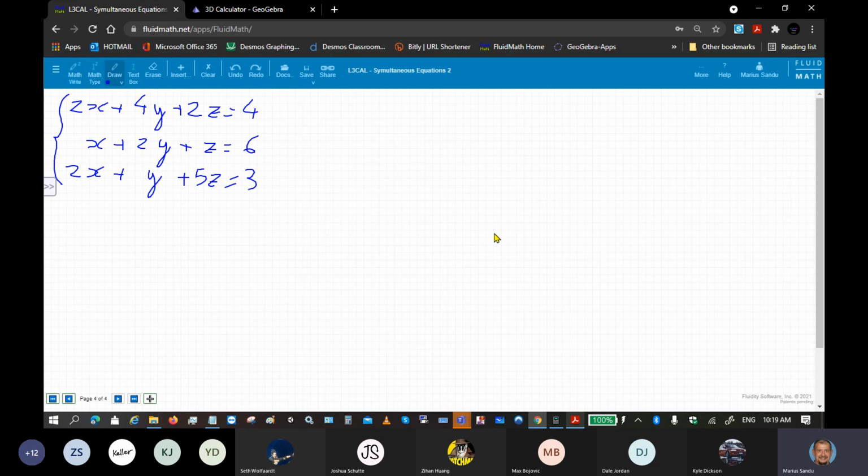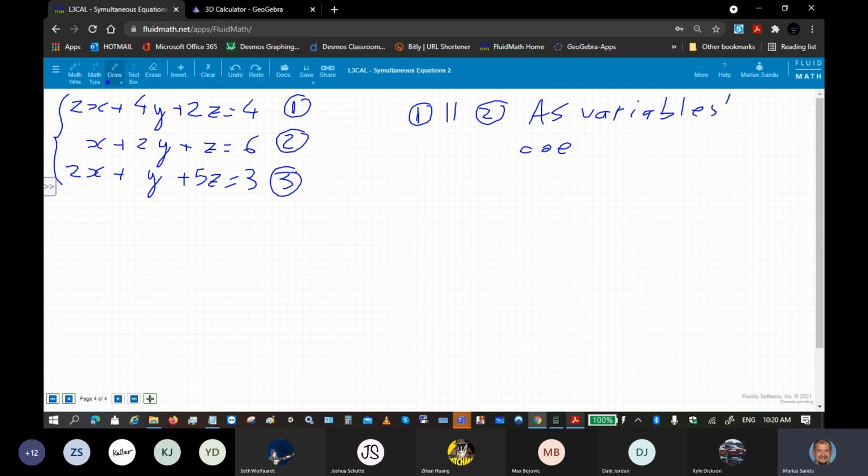Now, if I look at equation 1, equation 2, and equation 3, what can you tell me from this? I can say that equation 1 is parallel to equation 2 as the variables' coefficients are proportional.